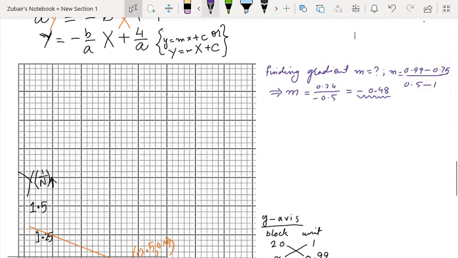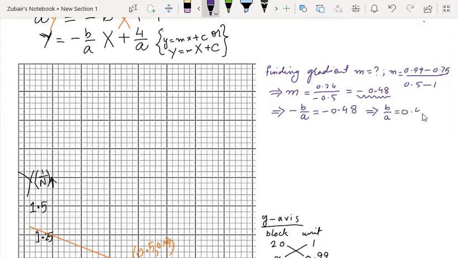So we can say that minus b upon a is equal to minus 0.48. But here is the problem: we have two unknowns in one equation. So we can hold it like this: b upon a is equal to 0.48.